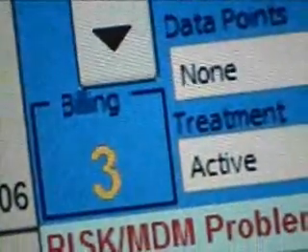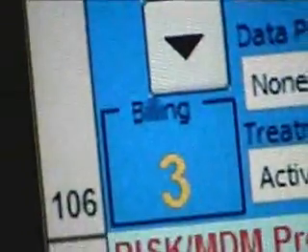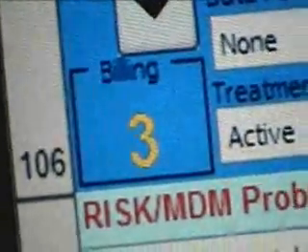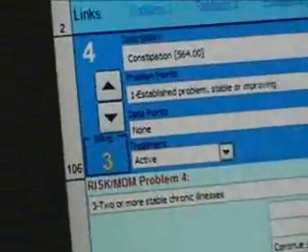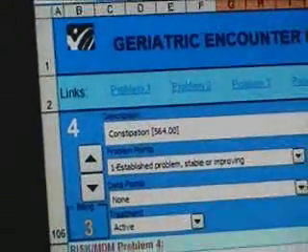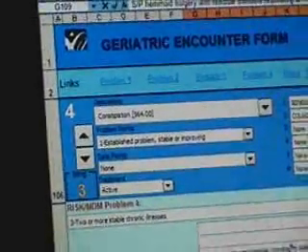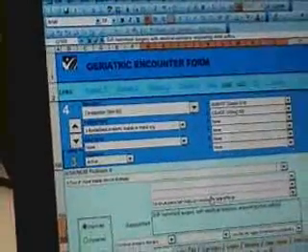So Dr. Hannan is able to show on his note what sequence the complaints or problems are in the billing order, and he's choosing this particular sequence to be number 3 on the note that he is customizing. So problem 4 will show up as actual number 3 on his note for billing purposes.